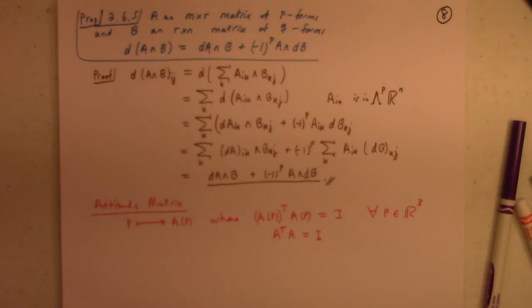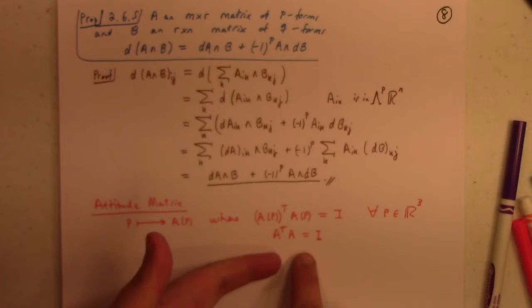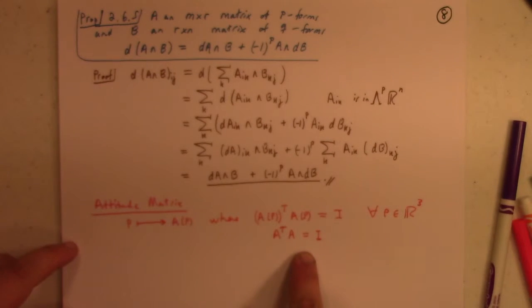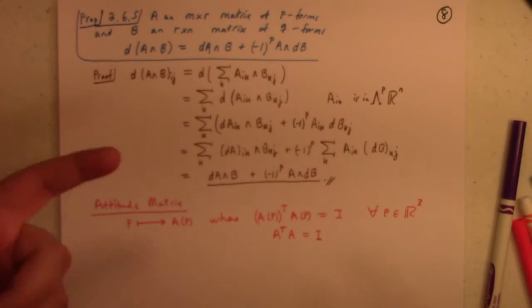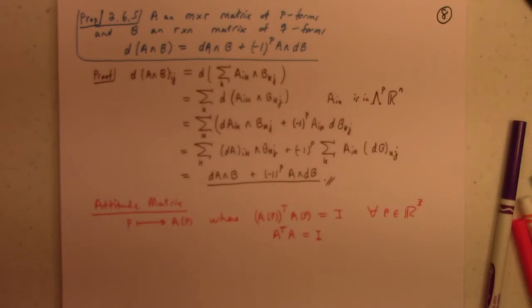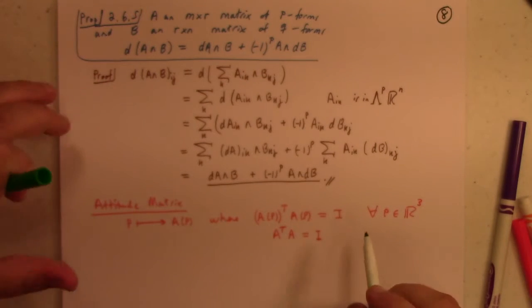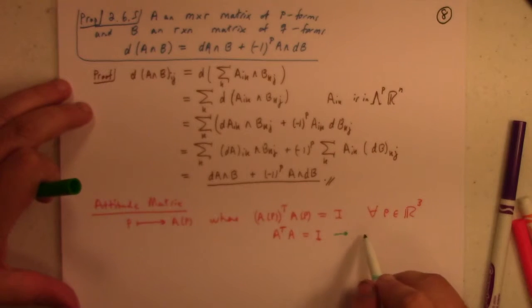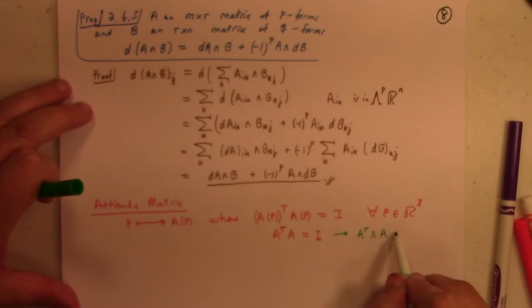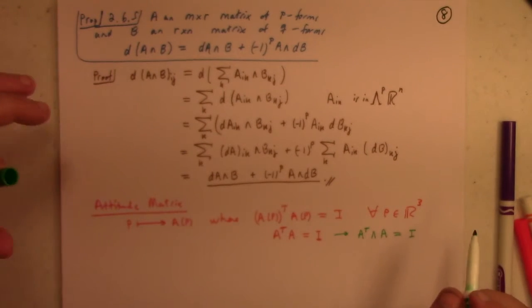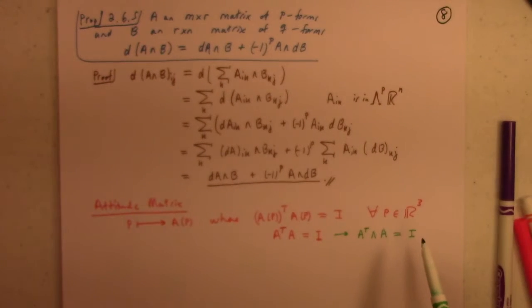Anyway, so okay, great. Well, if you have this, I mean, these are zero forms, right? A of p is a matrix of functions, a matrix of zero forms, really. So I could write this, just to be pedantic, A transpose wedge A equals I. You could argue you don't need the wedge there.